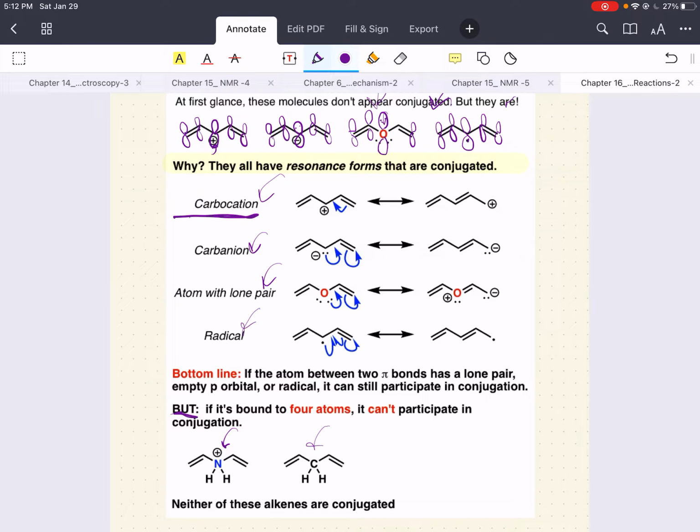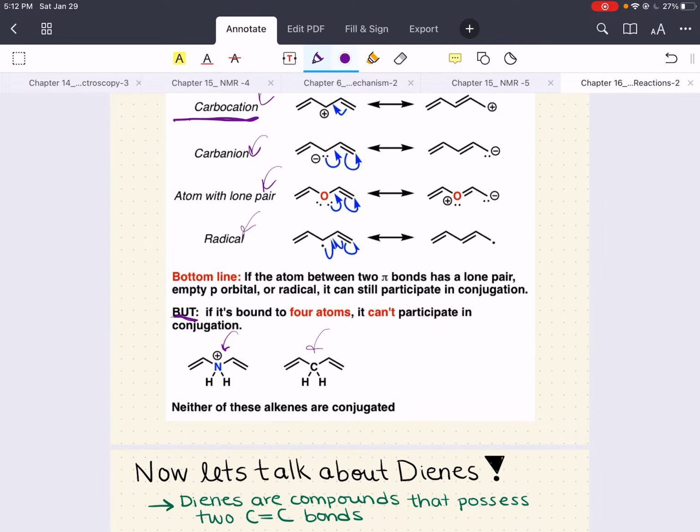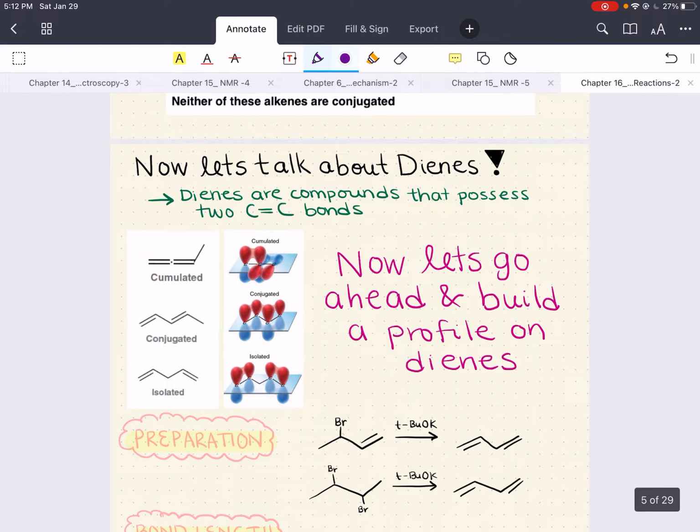Now, with that being said, now that we understand fully what conjugation is, let's talk about dienes. Dienes are compounds that possess 2 carbon double bonds. In cumulated dienes, the double bonds are right by each other, like the pi bonds are adjacent.